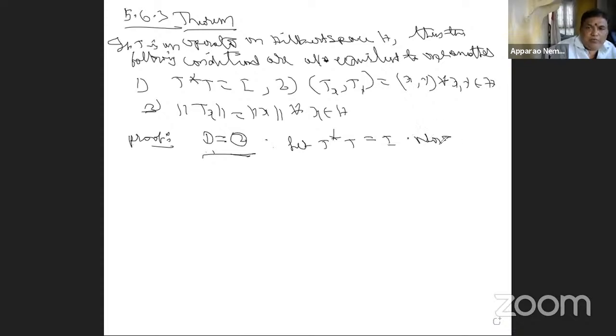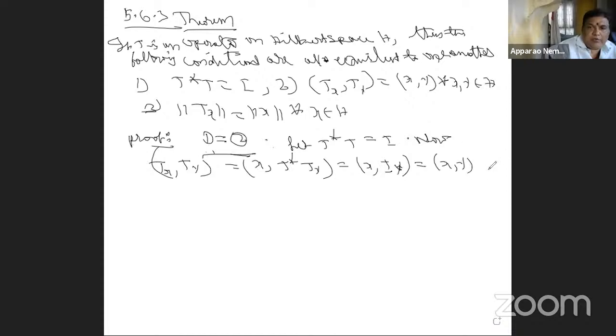Now inner product of T of x, T of y equals inner product of x, T star T y, which equals inner product of x, I of y, which equals inner product of x, y for all x, y in Hilbert space.